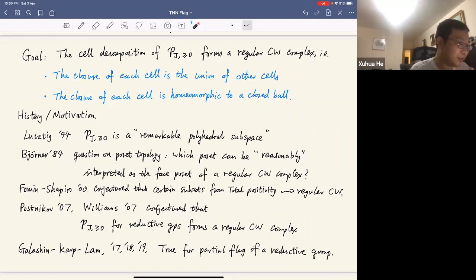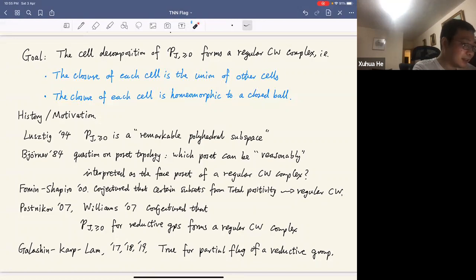From the Lie theory, in his 1994 paper, when Lusztig introduced the totally non-negative part of the partial flag variety, he mentioned that this is a remarkable polyhedral subspace. So one would expect that it has really nice geometric and topological properties.